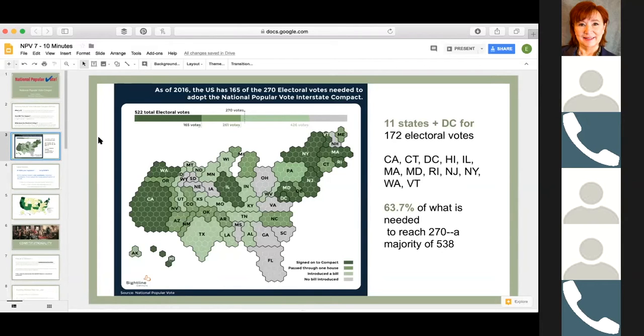They think that the founders set it up so that we have to use winner-take-all laws. But the founders actually couldn't decide how this could be done. They couldn't all come to a consensus. The Electoral College is rooted in slavery and the Three-Fifths Compromise.